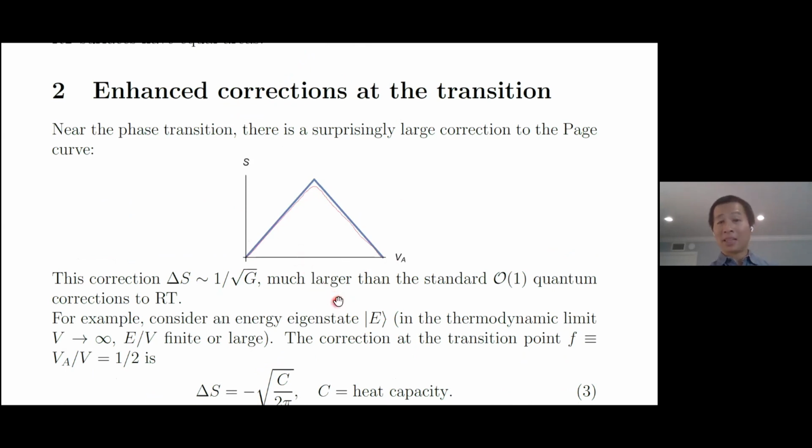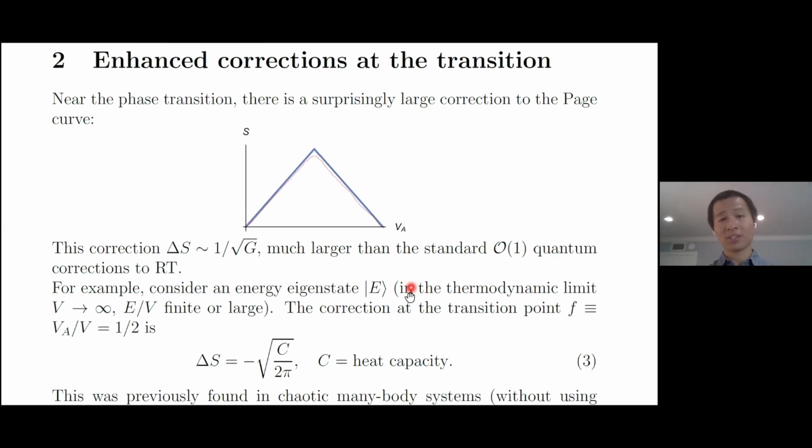And the claim is that that is the actual entropy as a function of the subregion size. And the largest correction comes from very close to the phase transition.